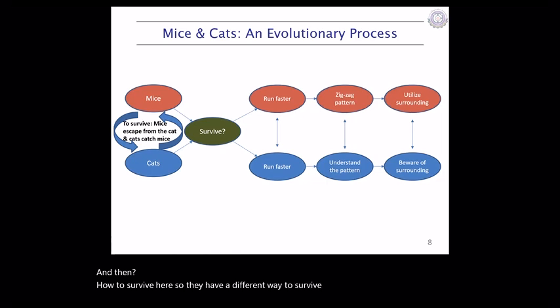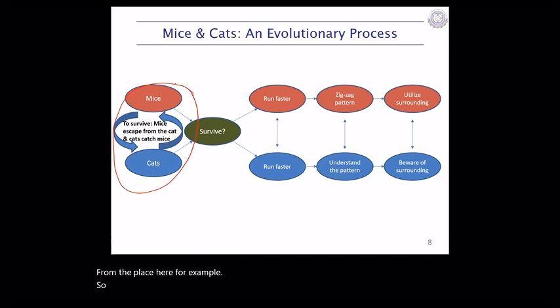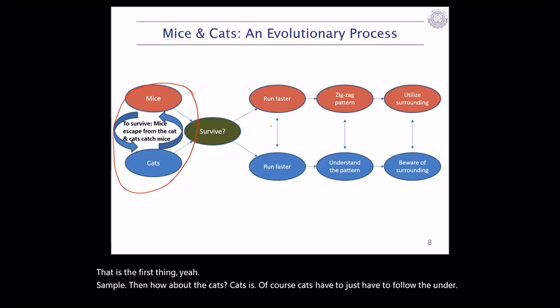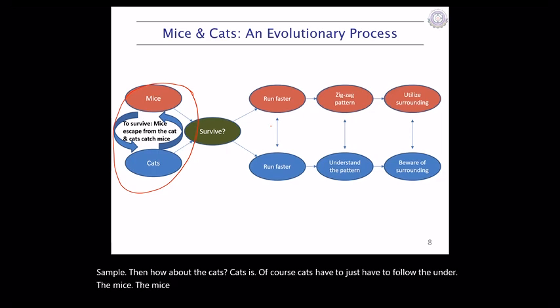For example, in order to escape from the place, mice have to run faster. That is the first thing. Then how about the cats? Of course, cats have to follow the mice. If the mice run faster, then cats must run faster as well.